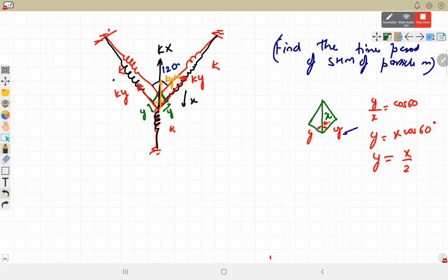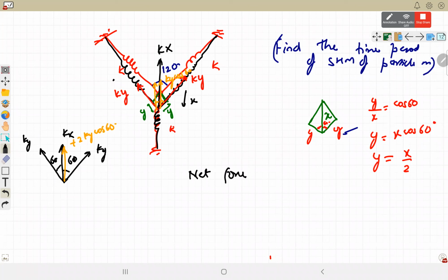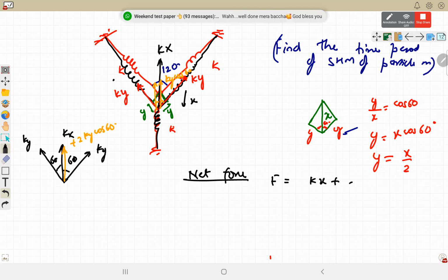So plus 2 times ky cos 60. The net force is equal to kx plus 2 ky cos 60.